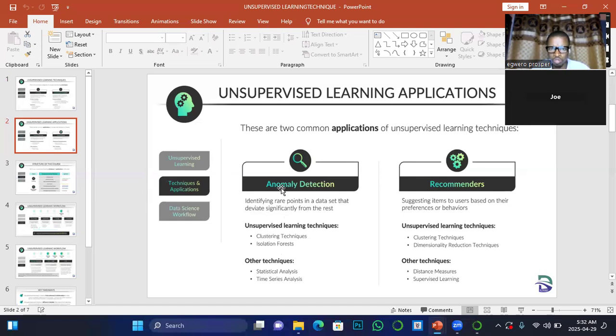So you know what anomaly detection is. Then we have recommender, which is one of the applications we mentioned, which I said is common to both clustering and dimensionality reduction. It means suggesting items to users based on their preferences or behavior, like the explanation I gave before.